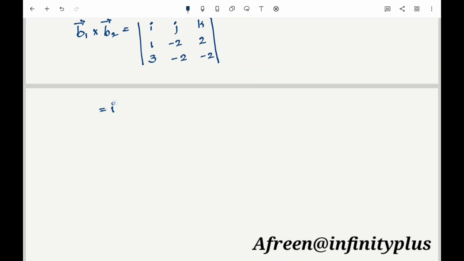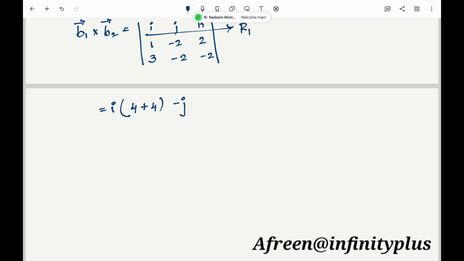So I will be as it is. I am expanding this along with the row 1. So I will be as it is, leave this row and this column. So 4 elements will be remaining. Minus 2 into minus 2 will be obviously 4 minus minus 2 into 2 is minus 4, so it will become plus 4.